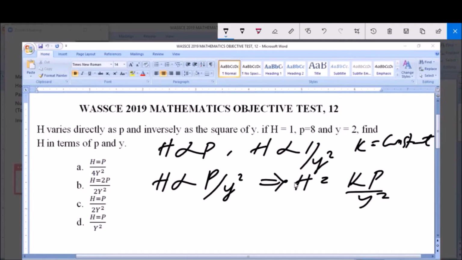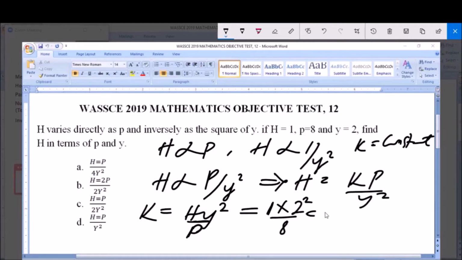So now our K, the constant, will be equal to what? Hy squared divided by P. If you change the subject of the formula, you have Hy squared divided by P. Now according to the question, our H is 1 multiplied by Y, which is 2 squared, divided by P, and our P is 8.